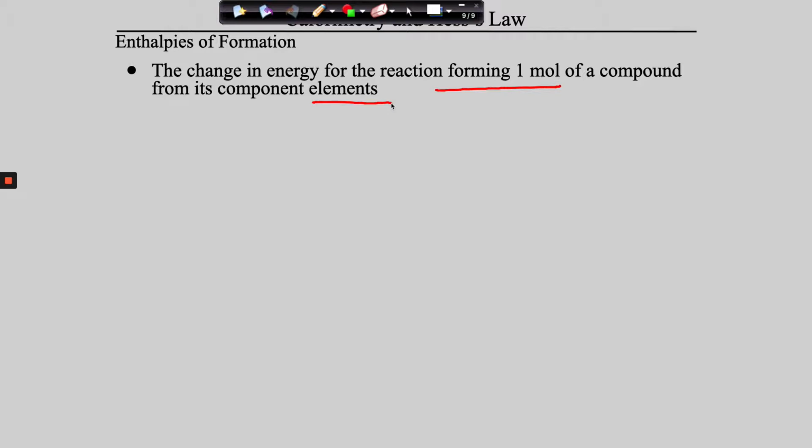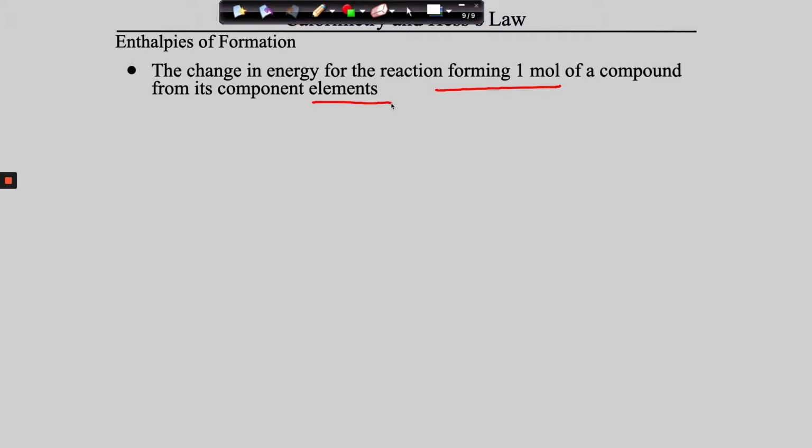So guys, you caught up? You ready to think rather than write? Guys, I want you to think about that. Don't talk, just think. Given the definition of heats or enthalpies of formation, what kind of reaction will all of these be?